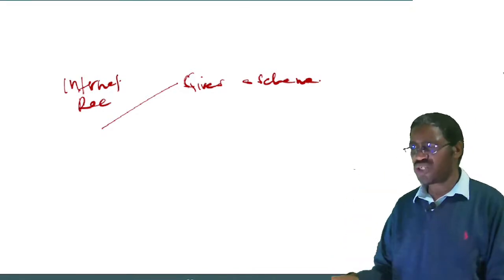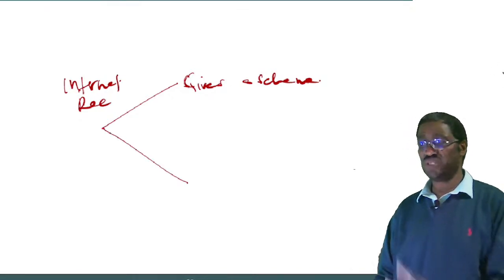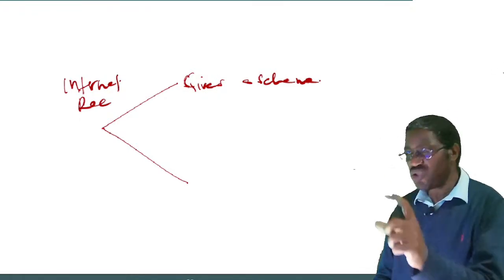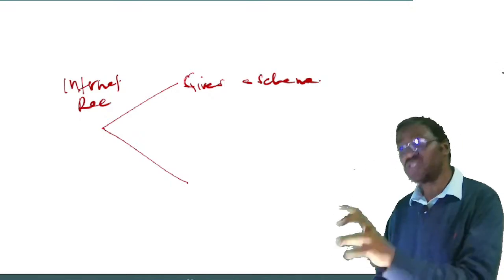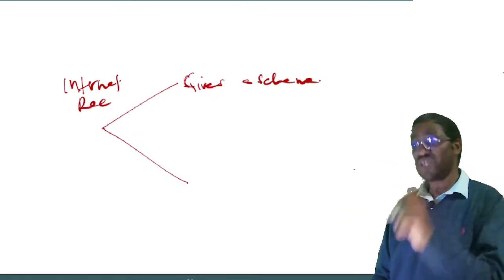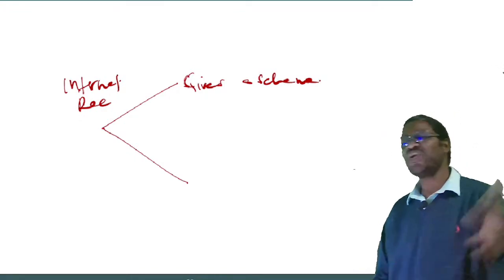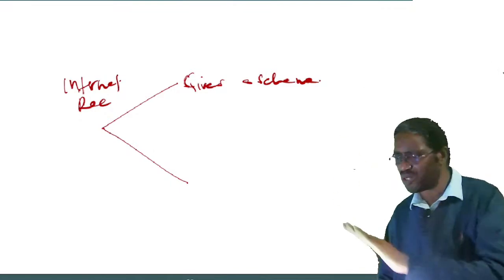There are other questions whereby the examiner would start by asking you to come up with your own scheme of reconstruction, that is, design one. So he just gives you the information of the company.